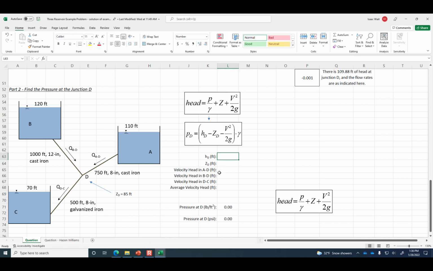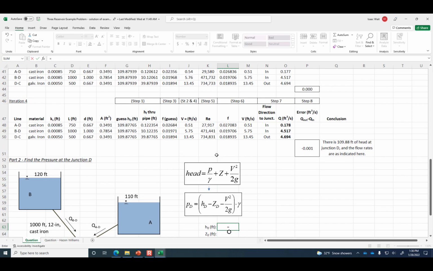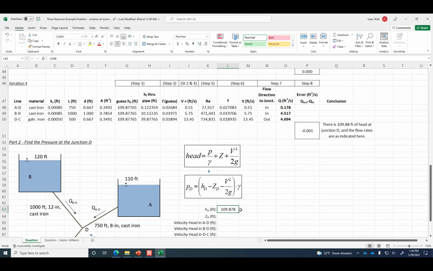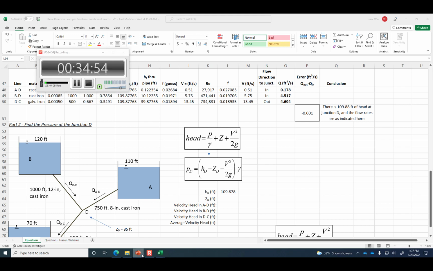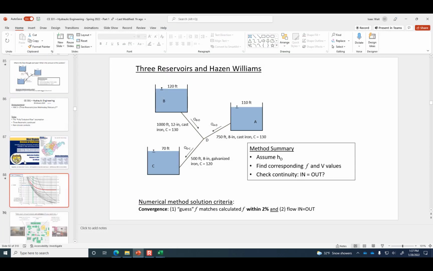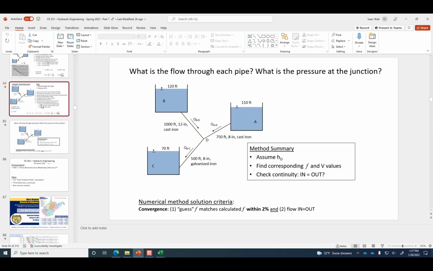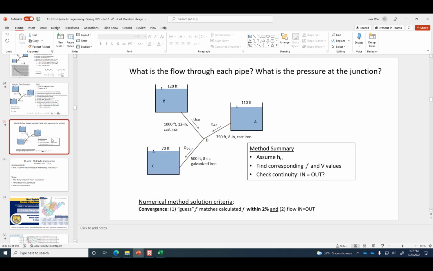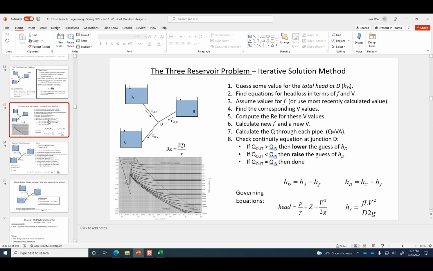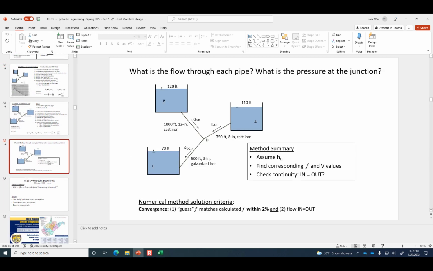So the known head, which we calculated here in part 1, was 109.87. So if you just refer this cell up to iteration 4, where we had the value of H sub D determined. And I think in that earlier example, what we knew about the elevation at junction D is, let's see, did I give you a handout for that problem where it said that the elevation there was 85 feet?